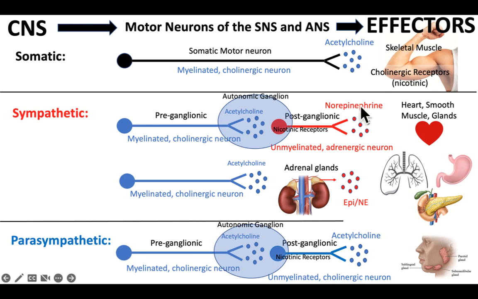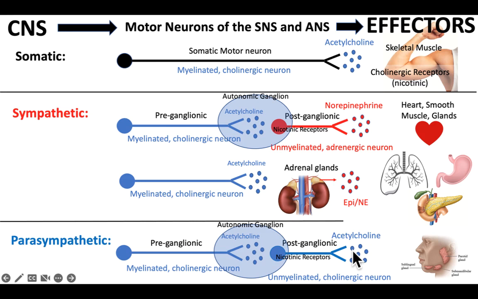We want these neurons to do one thing to the heart, like speed it up, whereas these neurons are going to slow it down. So this heart needs to have receptors for both norepinephrine and epinephrine, which are going to be the same thing, but also have receptors for acetylcholine.